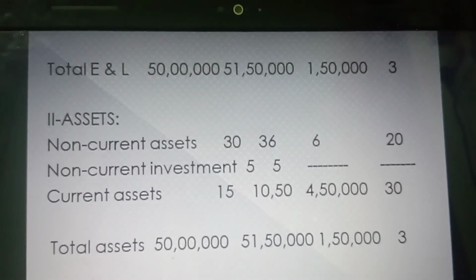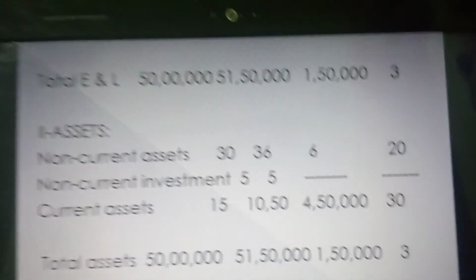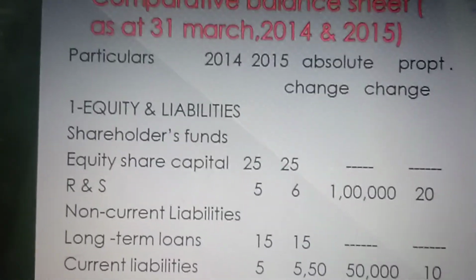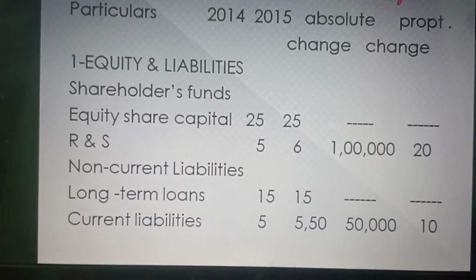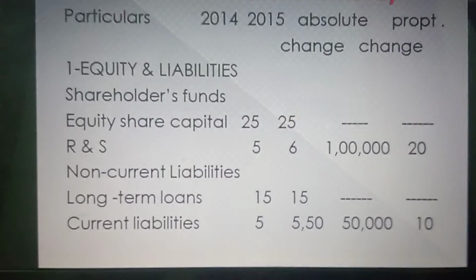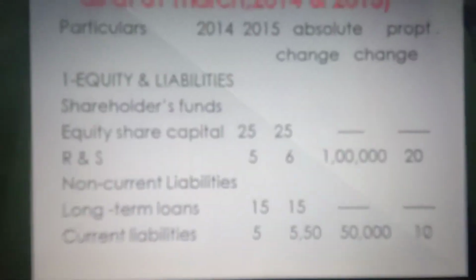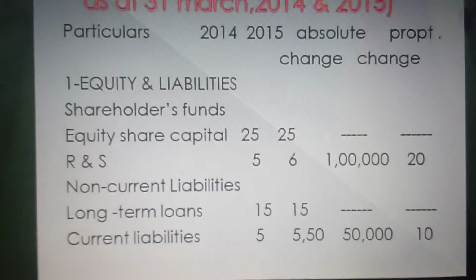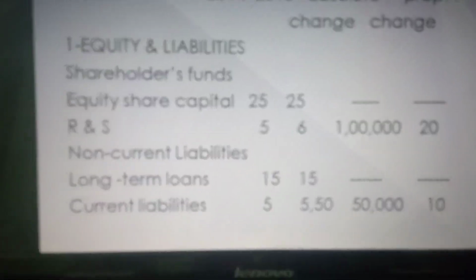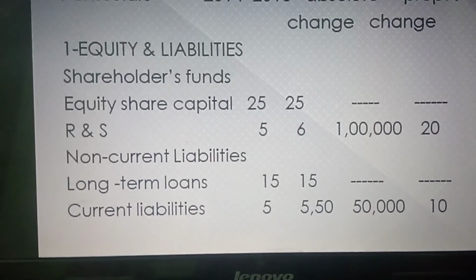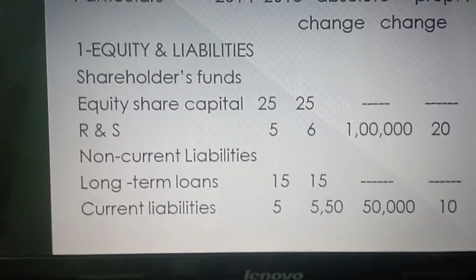Hence, how do we have to compute the absolute change, students? Earlier, as you can see, this 1 lakh of reserve and surplus is the minus amount, 5,000 minus 6,000, so the answer was coming in negative. And here the 50,000 of the current liabilities is also minus, because earlier the company had 5 lakh, but now it is 5 lakh 50,000.